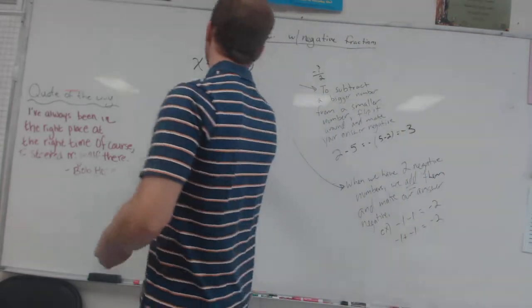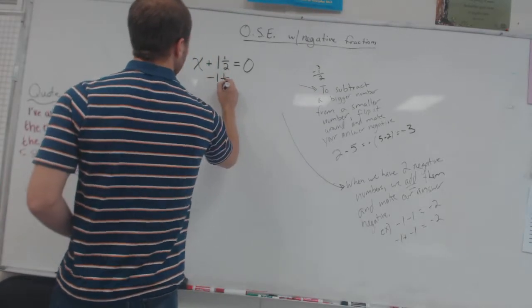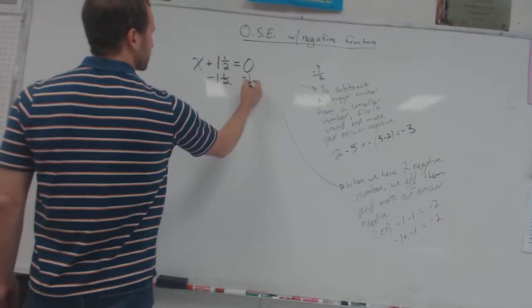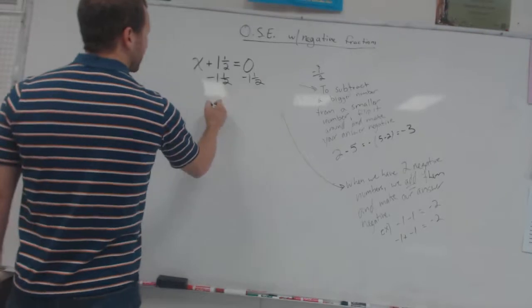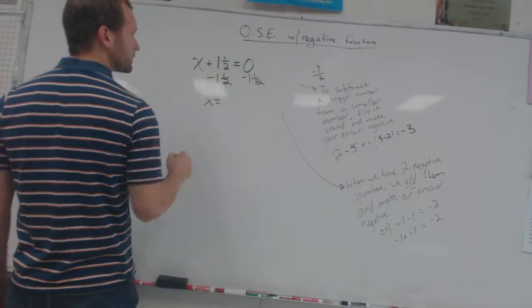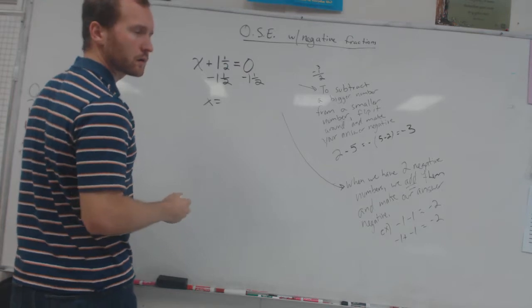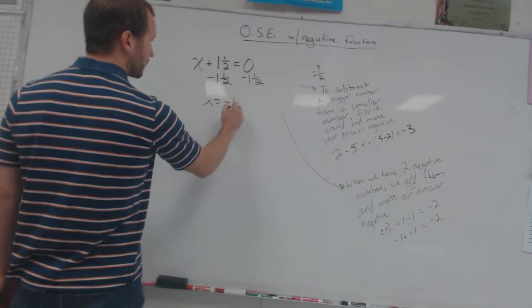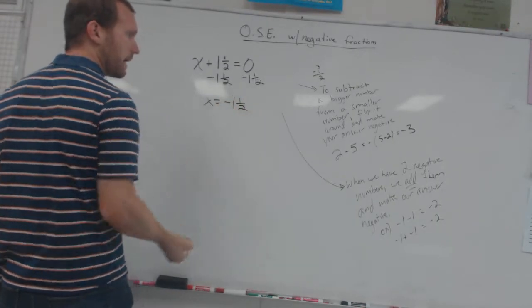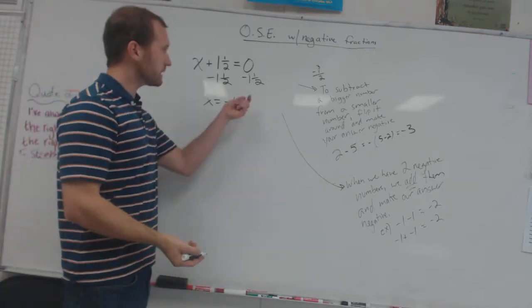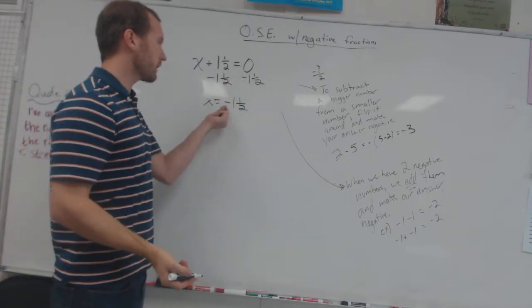Subtract 1 1/2. x equals, what is 0 minus 1 1/2? It's negative 1 1/2, right? We're this far below 0, so we're negative 1 1/2.